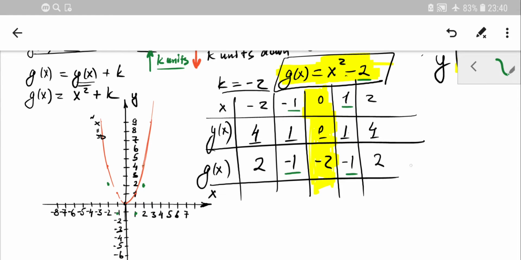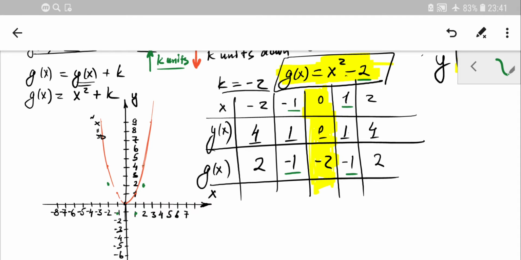I just show you that you can either use the table or use just manual subtraction from the graph if you're already given it. It's much easier. If you're not given the graph, for example, you need to plot it, so I recommend using a table for x, for your basic parabola x squared, and for your new g function that is translated k units vertically.